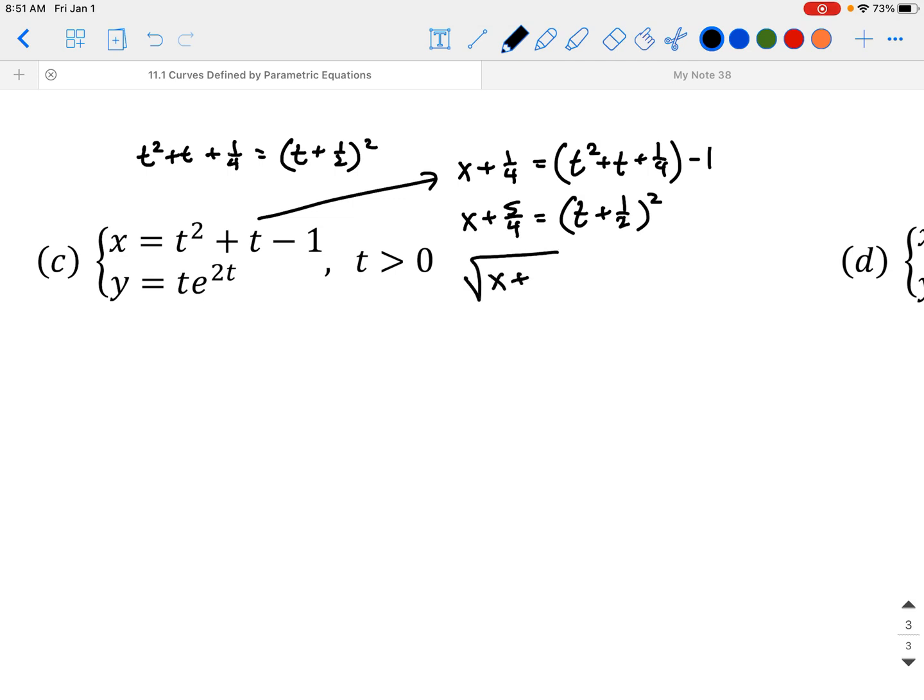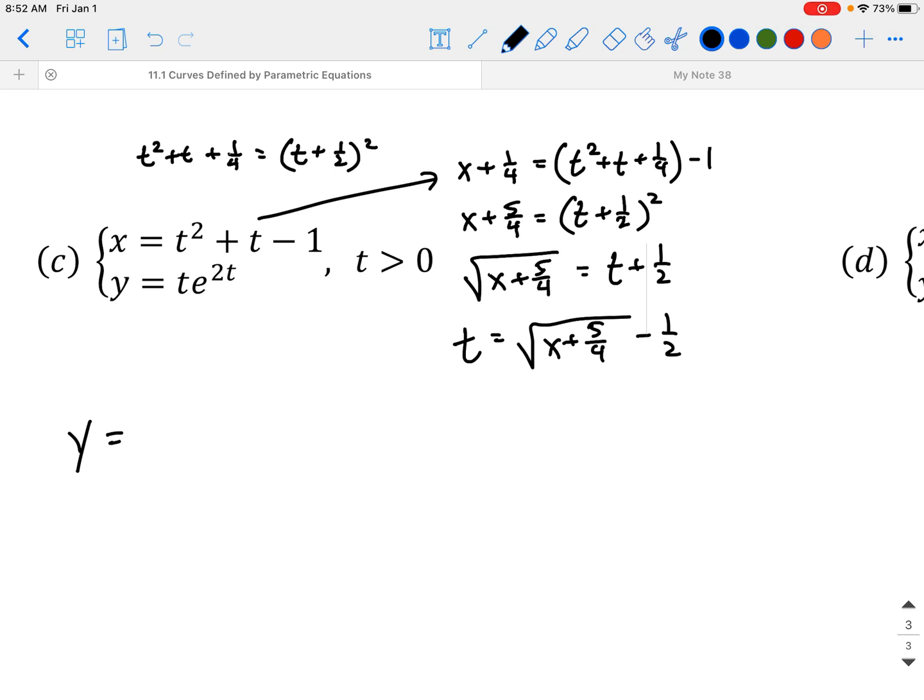And now we can square root. So we're going to have x plus 5/4 is equal to t plus a half. And because t is positive, we're going to have a positive square root, so we don't need to worry about plus or minus here. And so then we'll end up with t equaling rad x plus 5/4 minus a half.